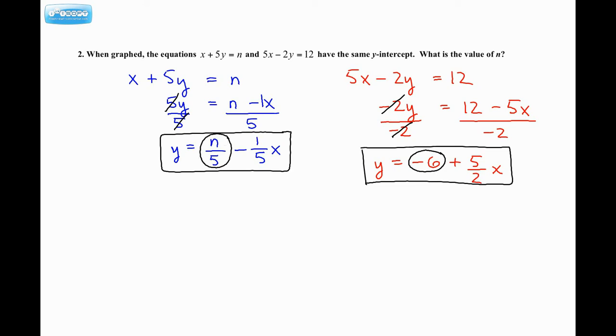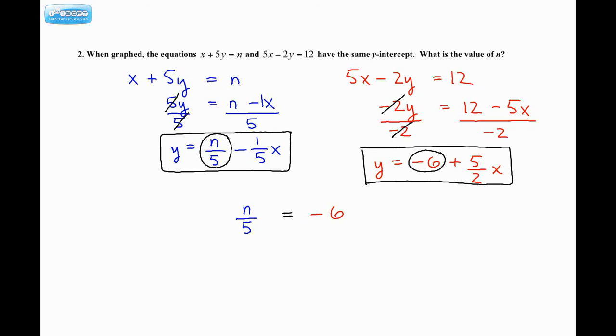Well, the only way those can be the same is if they're equal. So therefore, we can extract a new equation. We know that n over 5 must equal -6. If these two expressions were not equal to each other, then there's no way we could say that their y-intercepts were the same.